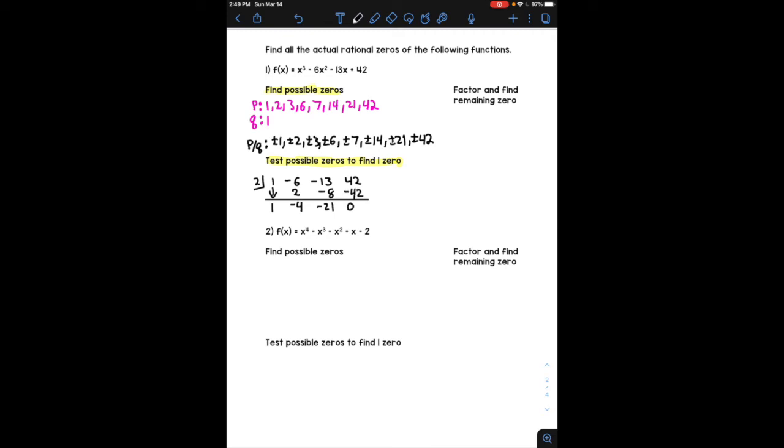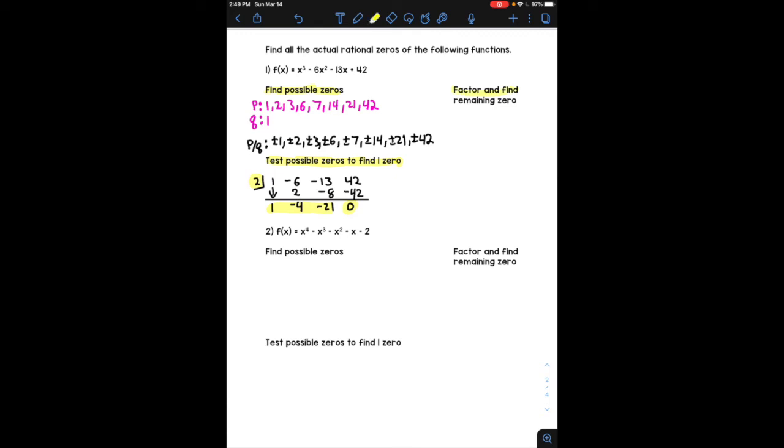Sure enough, we get a remainder of 0, which means that 2 is a 0 or a solution to our function above. We can now use this, if you remember last section, to now find other zeros. We're going to factor our quotient here and find the remaining answers or solutions.